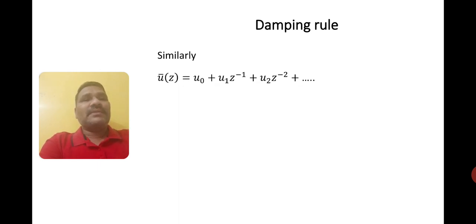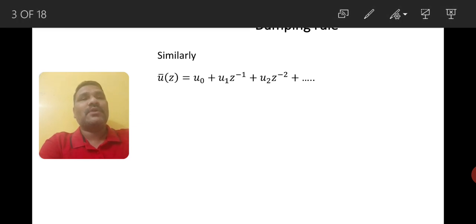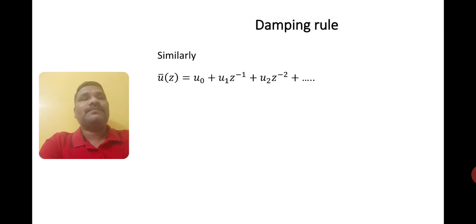Once again rewriting the equation we just did in the previous step: u0 plus u1 z to the power minus 1 plus u2 z to the power minus 2 plus dot dot dot. Now I will take u0 to the left hand side.